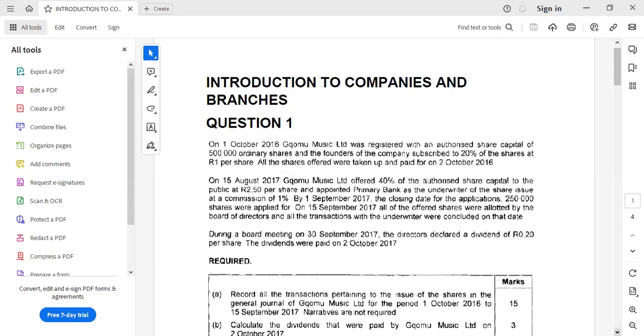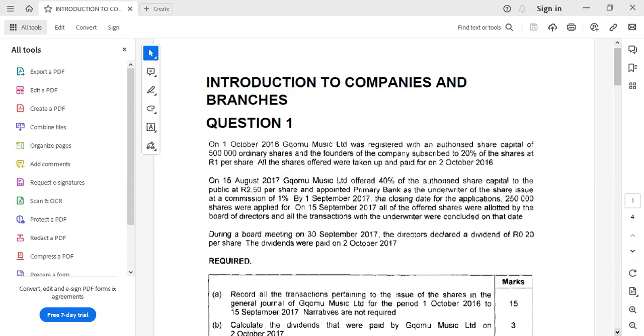Right. There's what we call authorized share capital and issued share capital. Authorized share capital refers to the maximum number of shares that a company is permitted to issue according to the memorandum of incorporation. Actually, when you register a company, you file what is called a memorandum of incorporation. It will state the general things about your company.